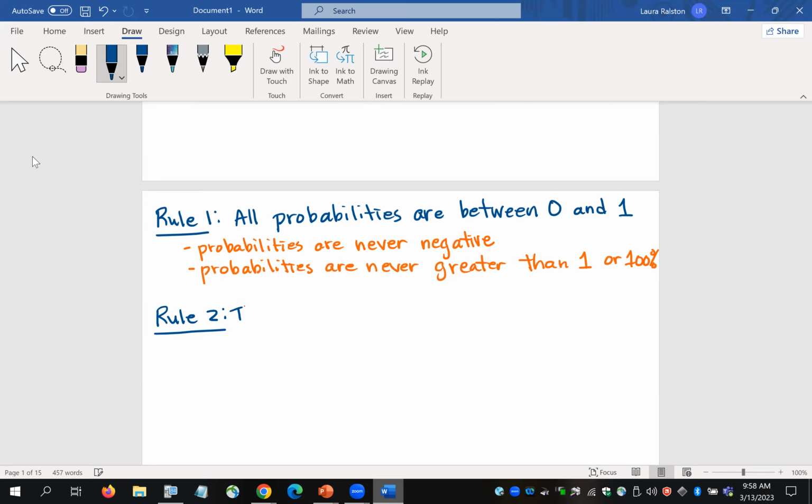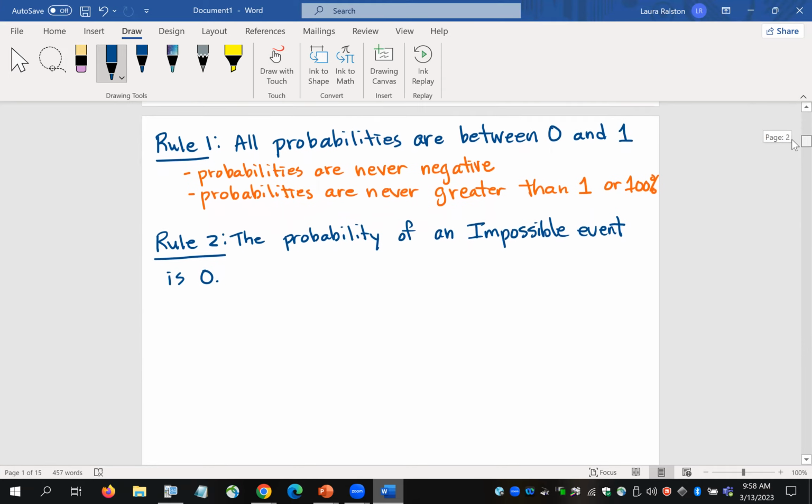Rule 2, the probability of an impossible event is 0.